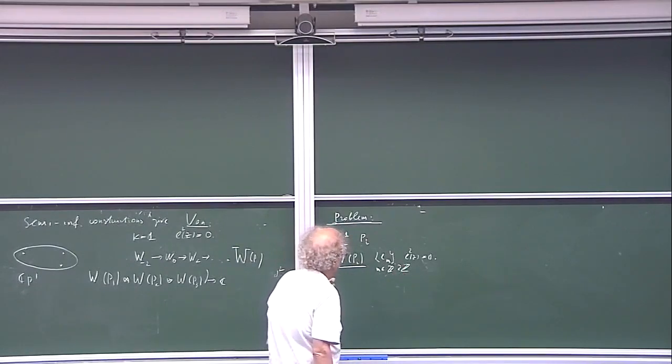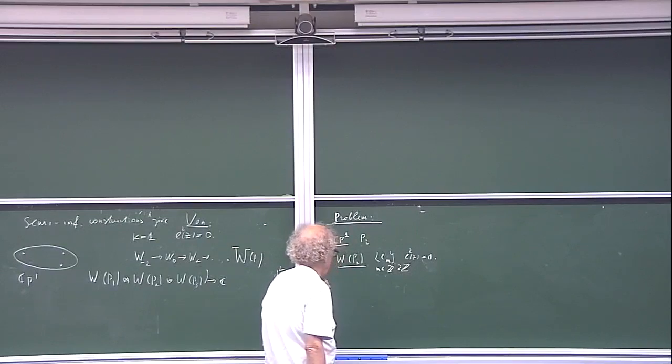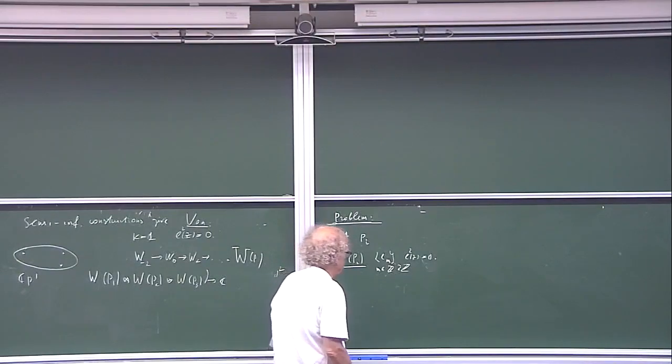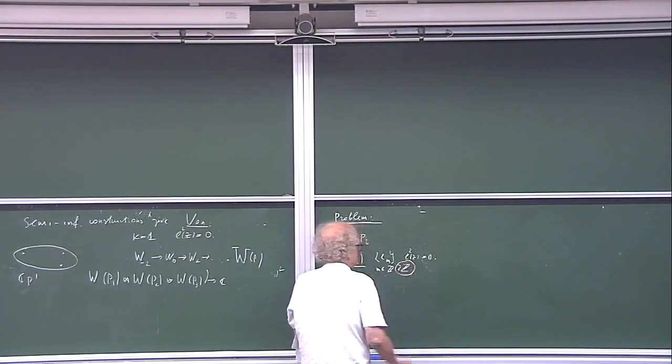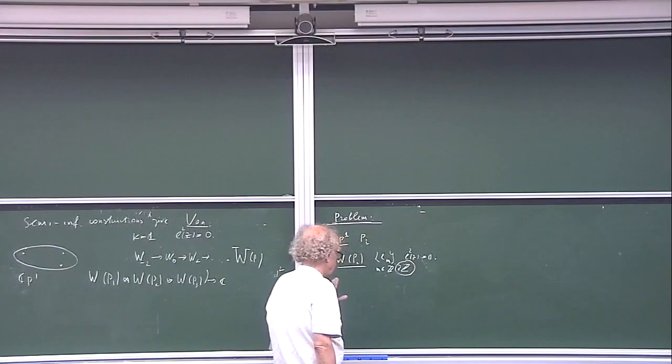But in my construction, which I want to outline a little bit, actually I can use it, but in the simplest version I can avoid it. I do not use it.